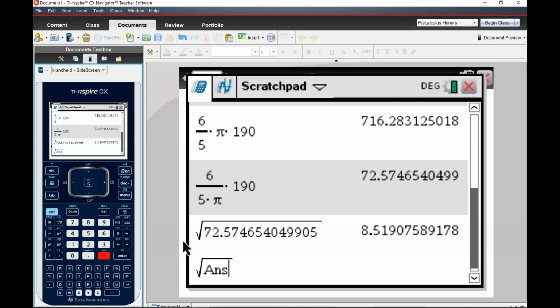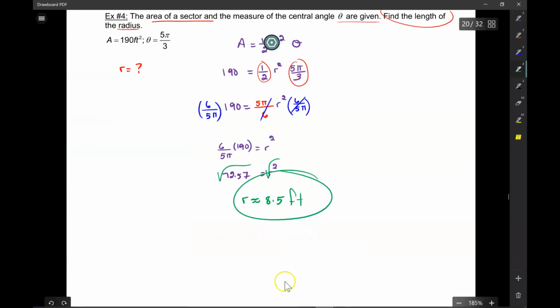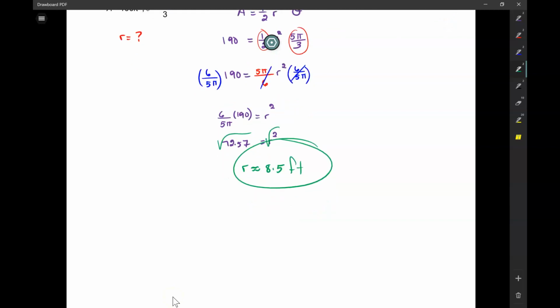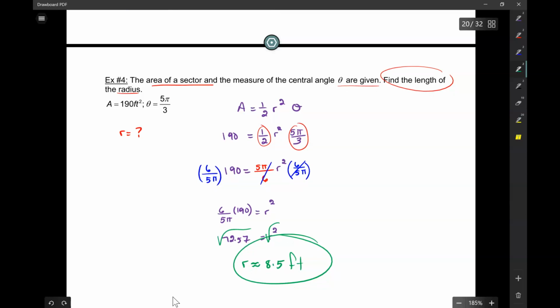Yes. So when we get to the first equation, before we start doing anything, you don't want us to just plug into our calculator 1/2 times 5 pi over 3, and then get a decimal and divide that by 190? You could do that. That's mathematically right, as long as you're not rounding.